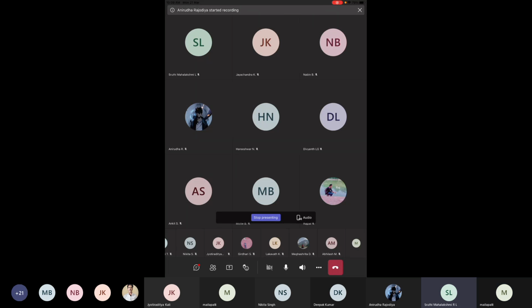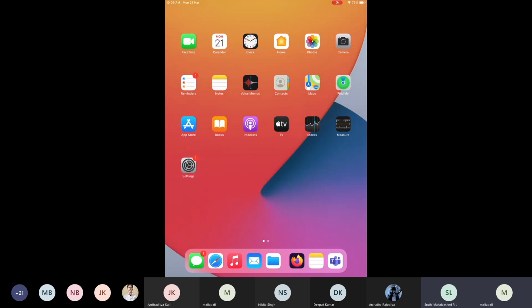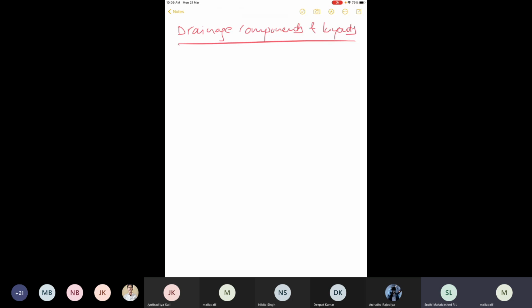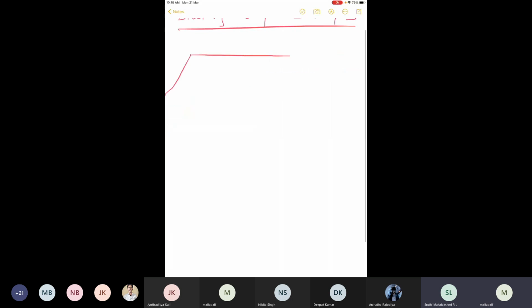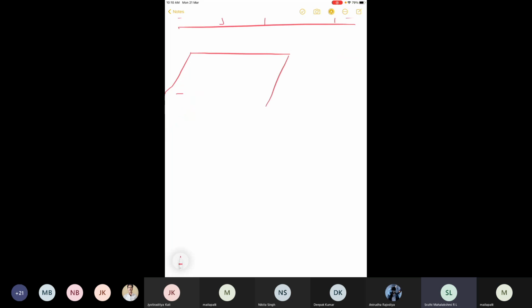Okay. So in this class, we're going to talk about the drainage components and layouts. In the last class, the main components are the field system, main system, and the outlet system. Let's say this is the agricultural field.